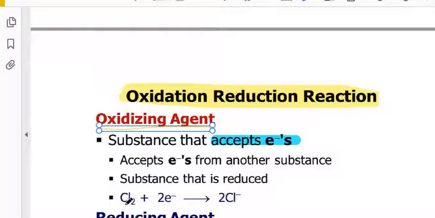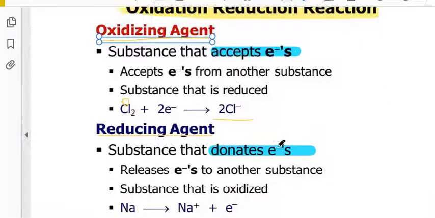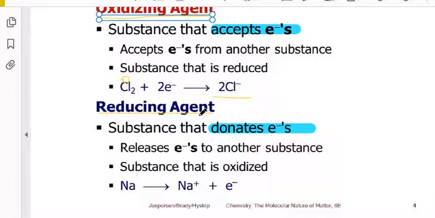See, this chlorine, now its oxidation state is 0, but it is taking 2 electrons and becomes this ion. So this is called an oxidizing agent because it is accepting electrons. And the reducing agent is just the opposite, because donating means losing, opposite of oxidation.